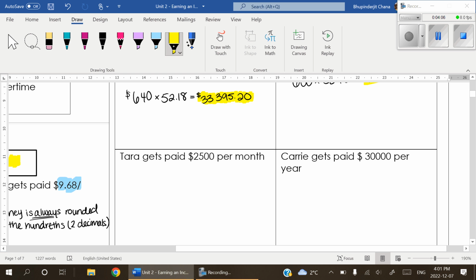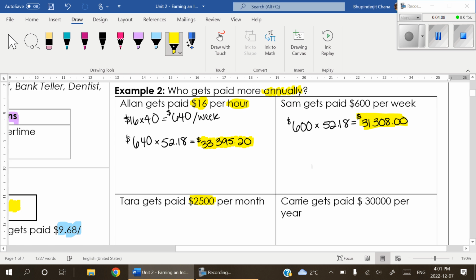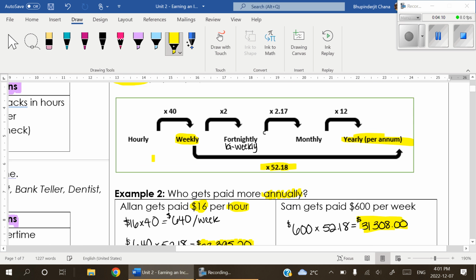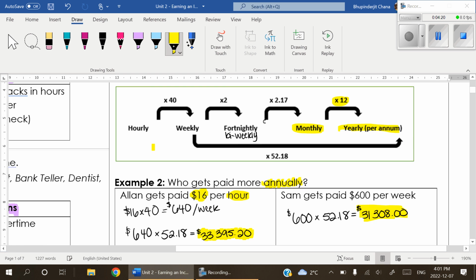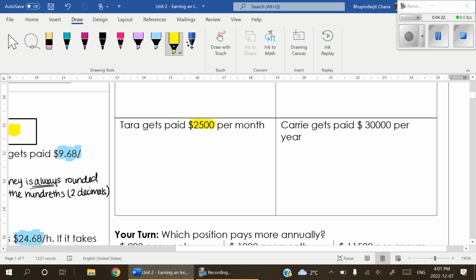Tara gets paid $2,500 per month. So I'm going to go back to my flow chart here. We're going to go monthly to yearly. So we need to multiply by 12. So 2,500 multiplied by 12.